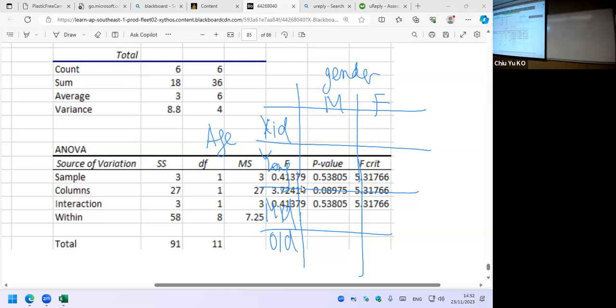It's not linear, you could say. If all males are better than females, that is captured by gender. If one age group is more than another, we capture it by the sample term. If it's somewhere in a combination, we capture it by the interaction.